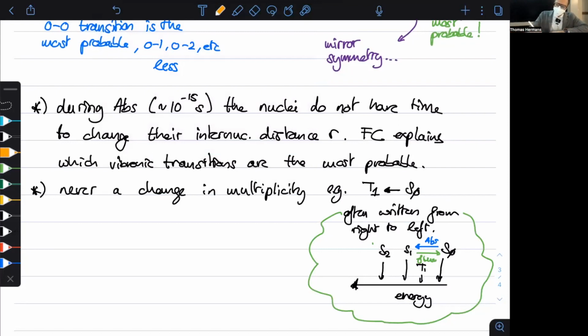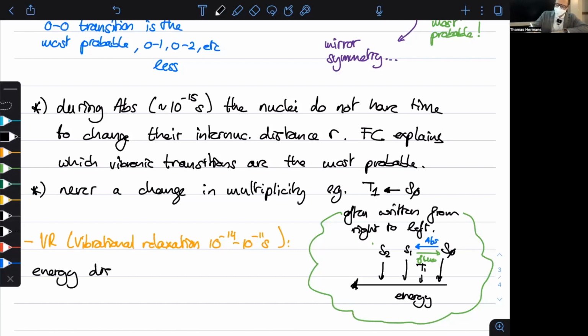Okay, so let's look at these different concepts we talked about. So vibrational relaxation. It's 10 to the minus 14 to 10 to the minus 11 seconds. And so people say it's energy dissipation, which means heat release.